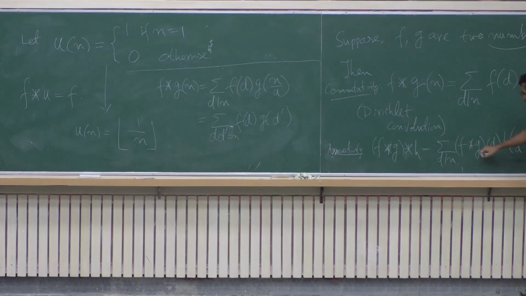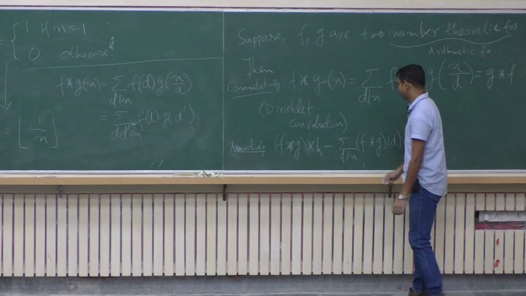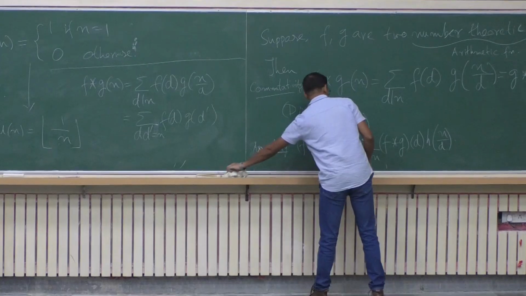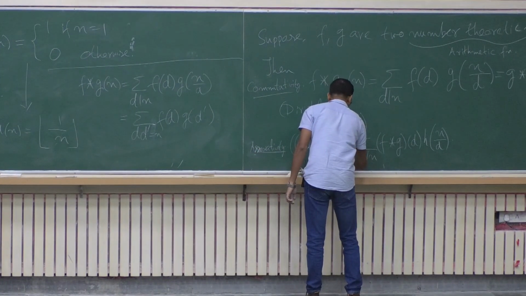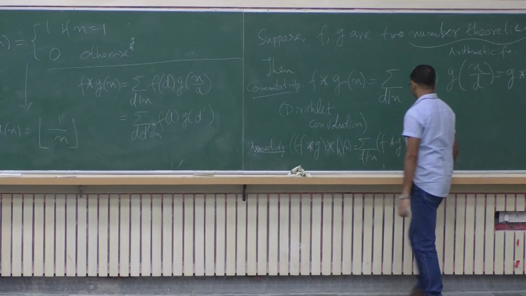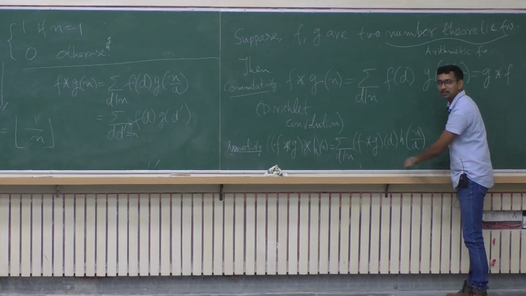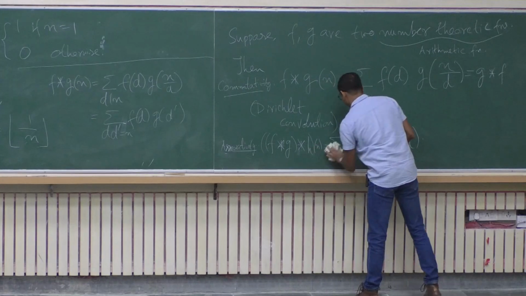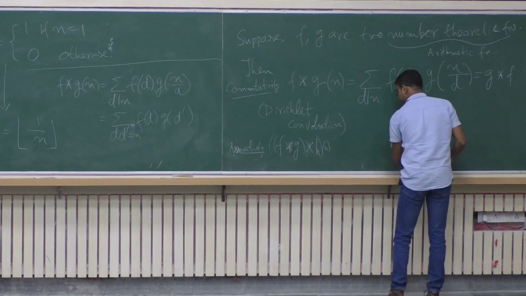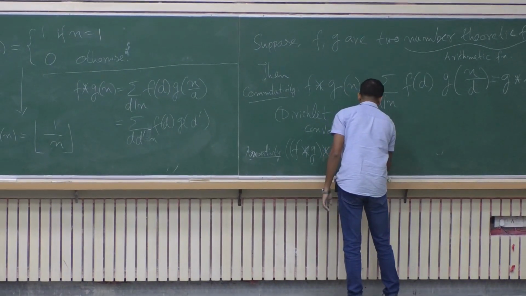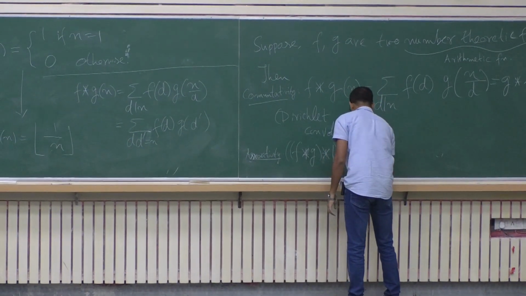So if we do it like this, then instead of writing it in this manner, we can write it as a product over three things.